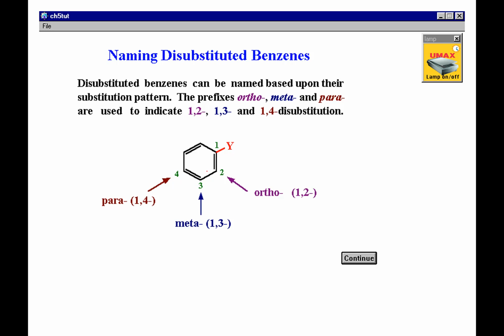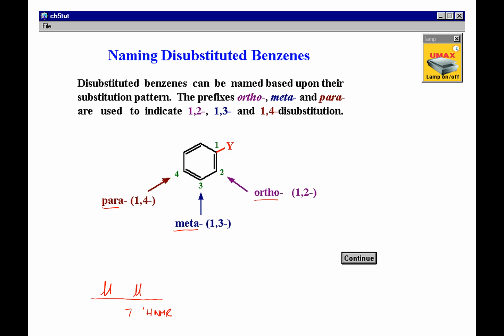Those have abbreviations, 1,2 being ortho, 1,3 being meta, and 1,4 being para. So we're going to eventually learn those terms of ortho, meta, para for 1,2, 1,3, 1,4. If you're in at least my lab section, we've already said that if you're looking at the aromatic hydrogens in the NMR spectrum around 7, if you see a pair of doublets in the aromatic region, it always tells you that it's para or 1,4 disubstituted.